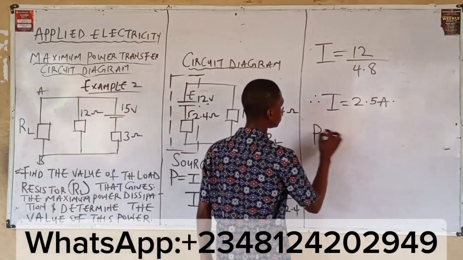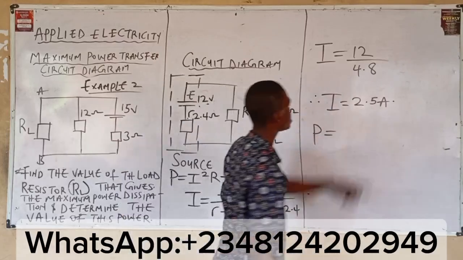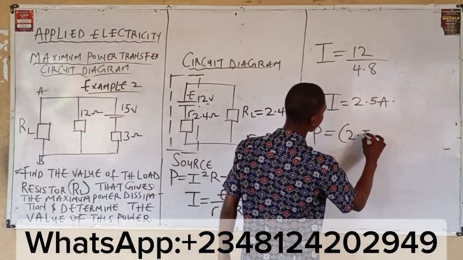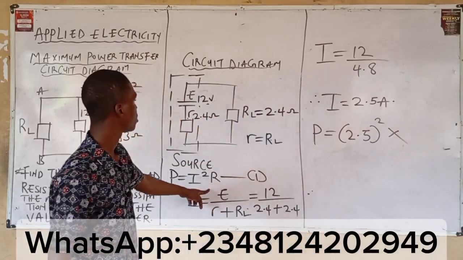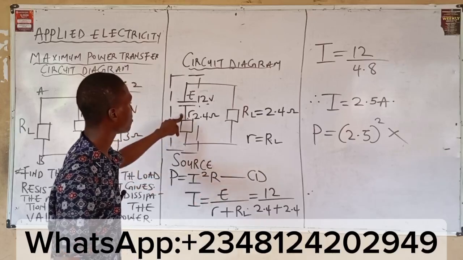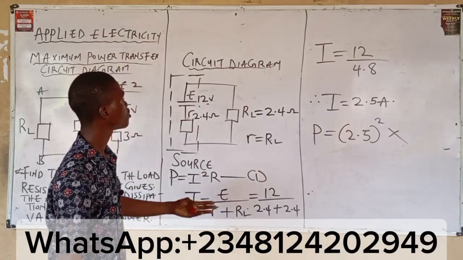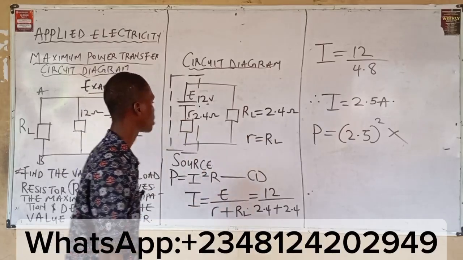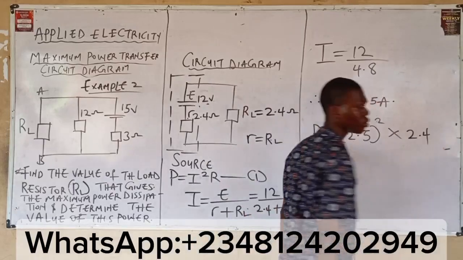Applying equation 1, you have that equation 1 says I squared R. You've gotten your I to be 2.5, meaning 2.5 squared multiplied by what's your R? In this case, your R is what? Is it the internal resistance or the load resistance? Your R is equal to the load resistance, meaning you have 2.4.